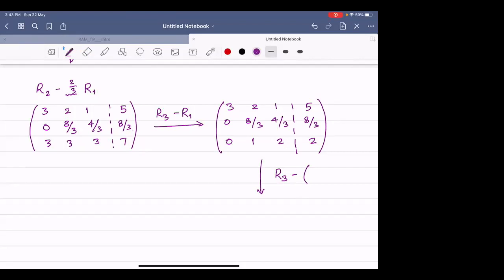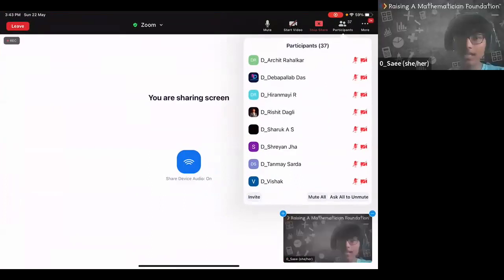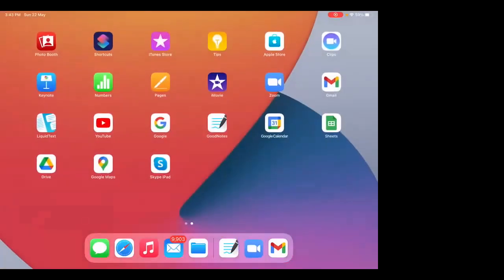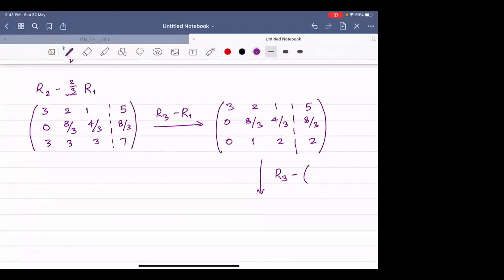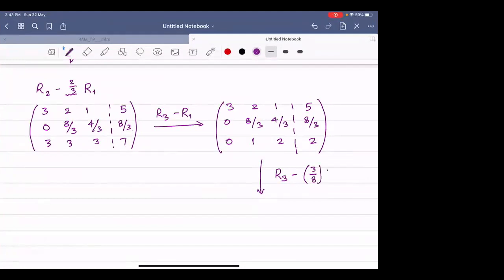Your voice is breaking down. He's saying we should do 8 by 3 R3 minus R2. Yes. So R3 minus 8 by 3 or 3 by 8? 3 by 8 R2, right? Because you want to make this one, you want to make 1 after this multiplication, 2. Subtract from this to give 0. Yeah.